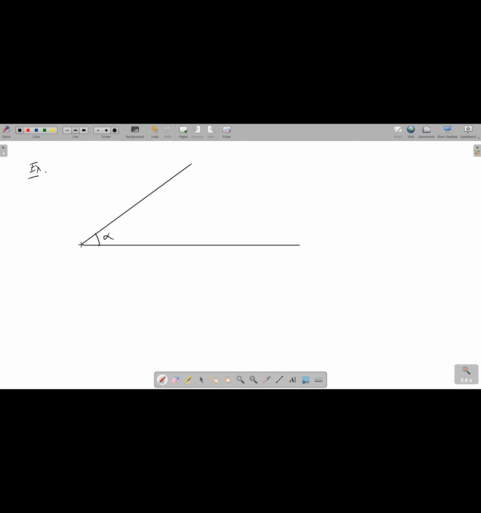Suppose from here you throw a ball at some angle theta with the inclined plane with some initial speed u, and it will follow the parabolic path and strike the plane here. At the point where this ball strikes the plane, it will strike completely horizontally.